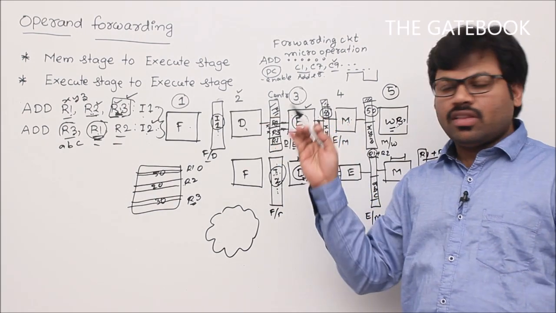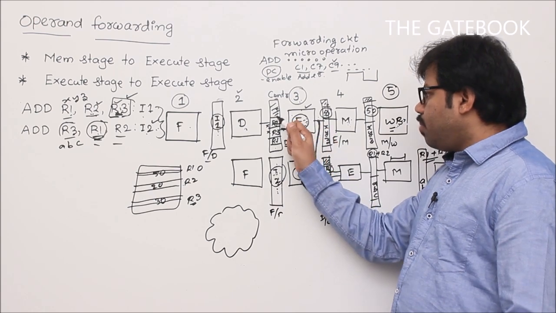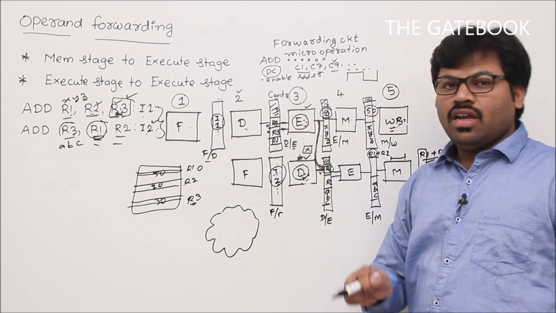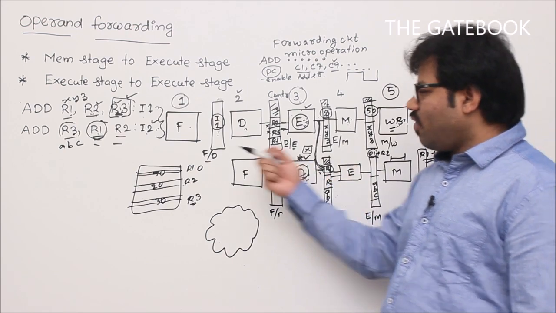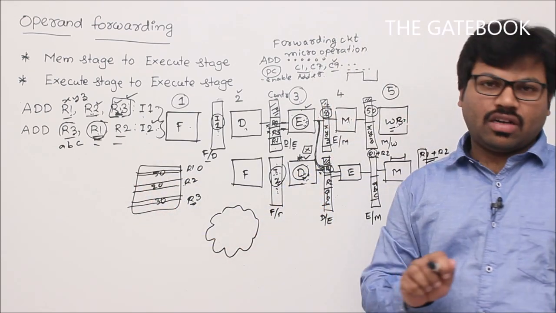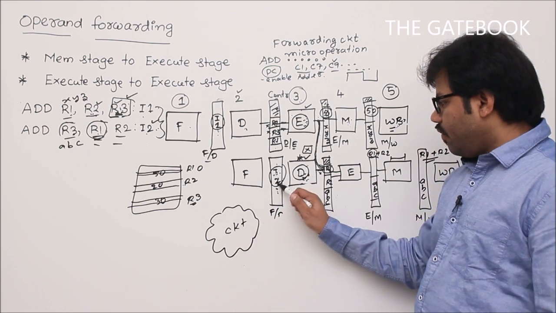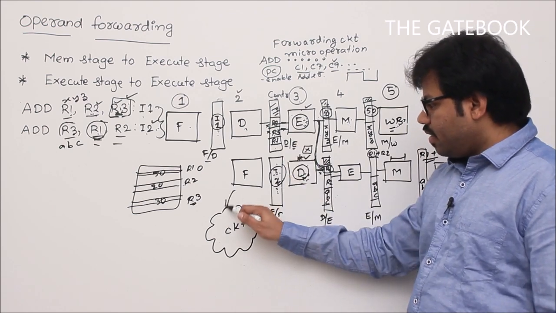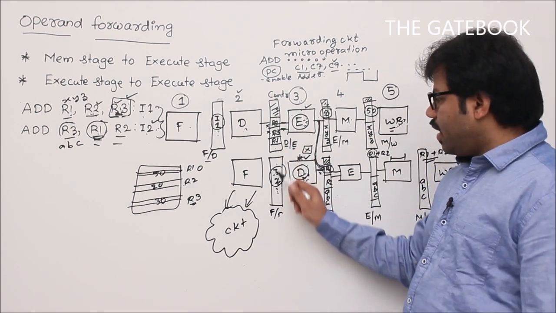When instruction 1 is at the execution stage, this buffer has all the identifiers. When the decoder is decoding the second instruction, its identifiers are available in this buffer. You design a circuit such that these identifiers can be taken from this buffer and this buffer.